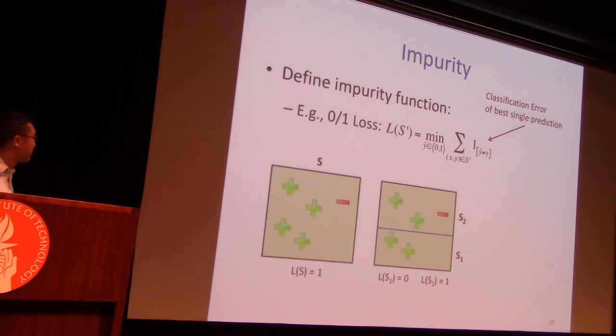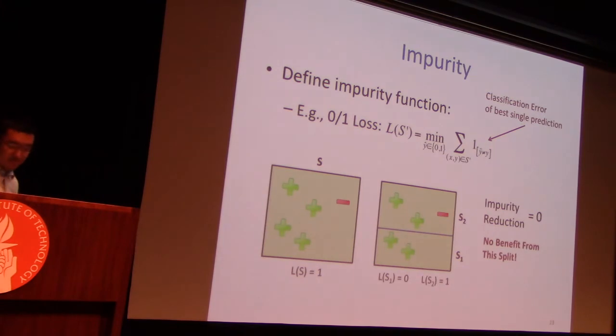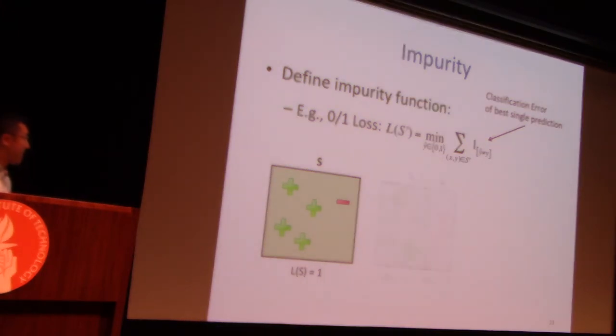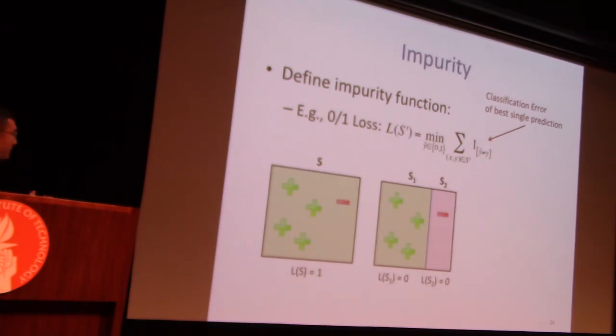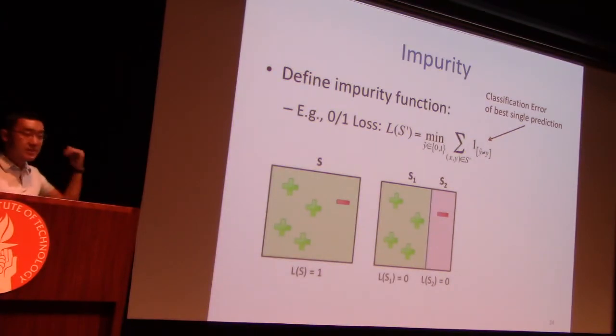If we do this as our split, again we still get an impurity of 1 even with this more complex decision tree, so no benefit from making this split. Of course, in this very simple example, there exists a single split that takes the impurity from 1 to 0.